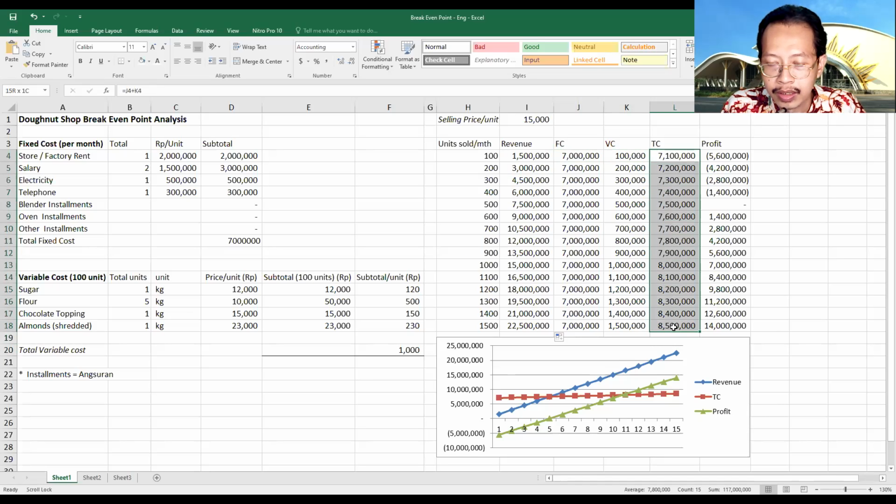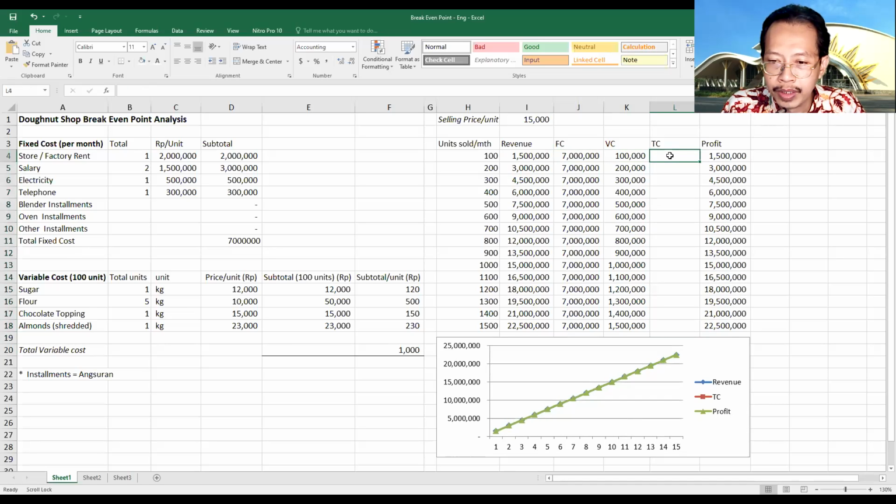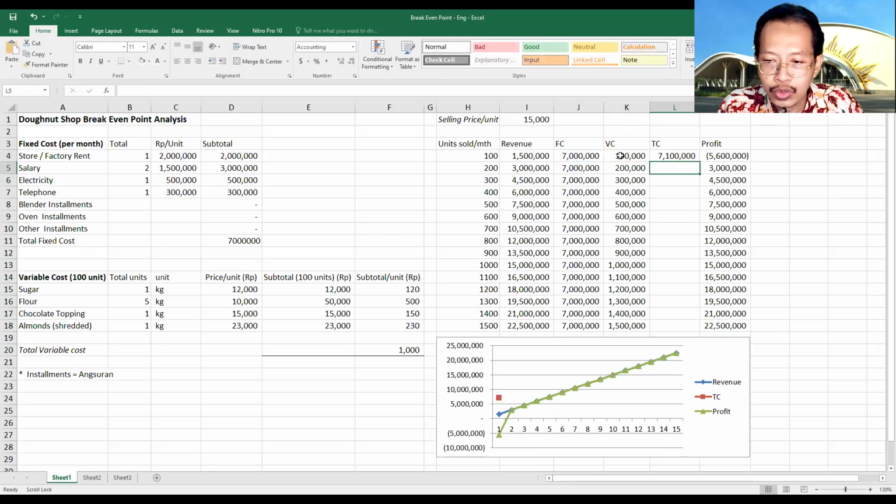So let's say like this. It would be the sum of equals this plus this. In this case, you do not need a dollar sign because you want to go down.